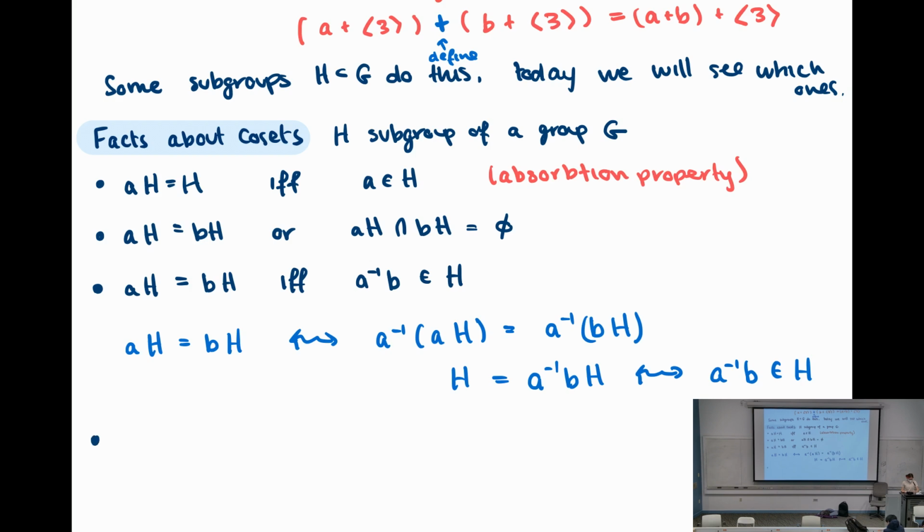And this one I don't think that we proved in class. It is that aH is equal to Ha if and only if H is equal to aHa inverse.